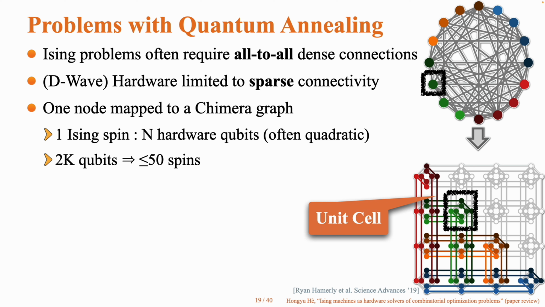We need to map one spin to multiple unit cells and the coupling among them. In practice this introduces a near quadratic overhead on top of the exponential complexity. One paper pointed out they had 2K qubits, but the number of spins was limited to under 50 because of this quadratic overhead.